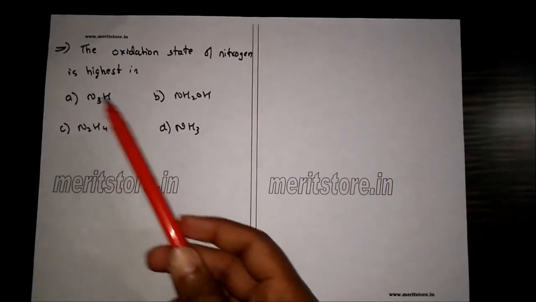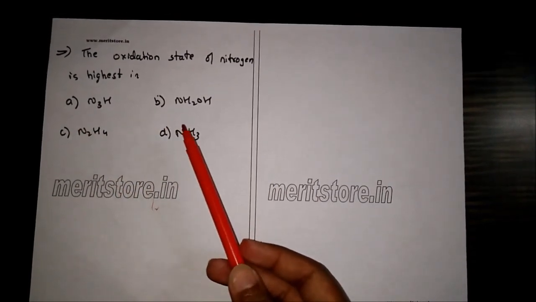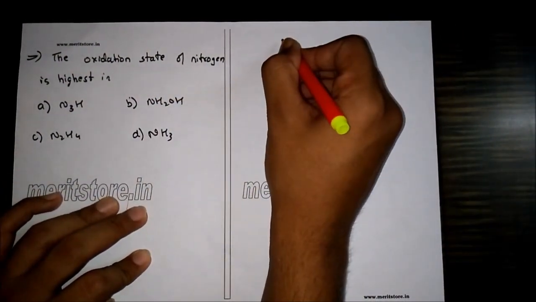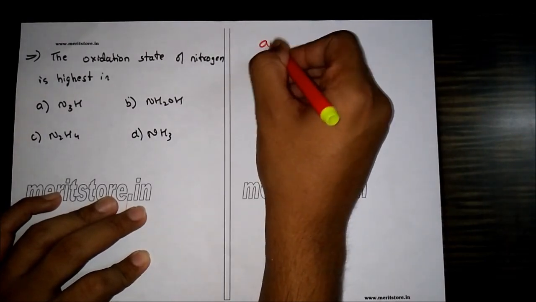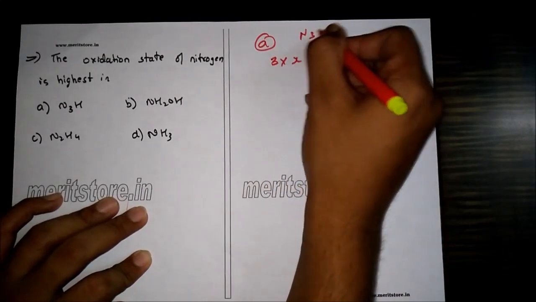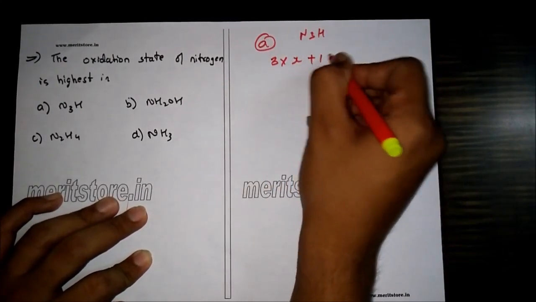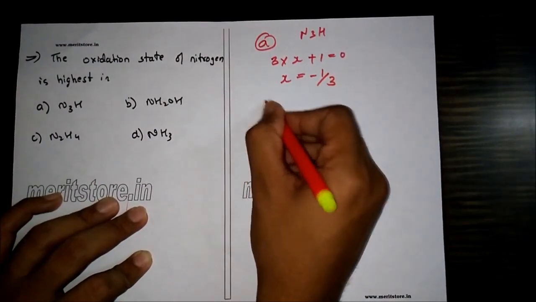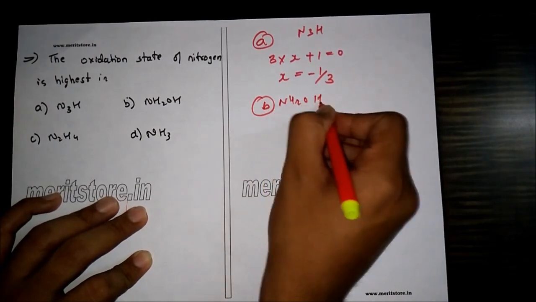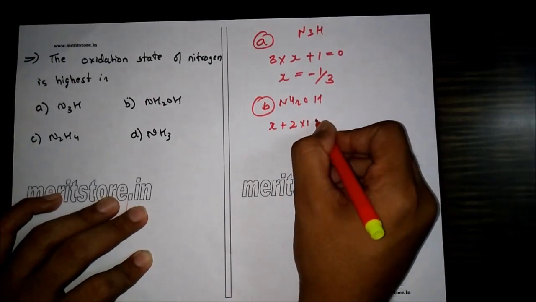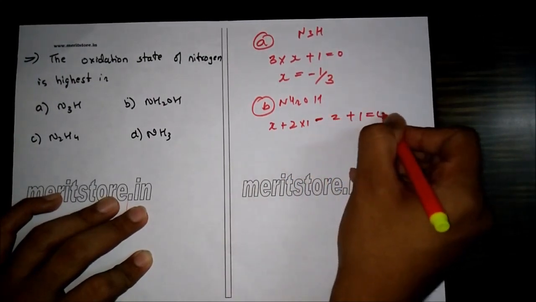The oxidation state of nitrogen is highest in A N3H, B NH2OH, C N2H4, or D NH3. Now let's look at the oxidation state of nitrogen in all the compounds. Let the oxidation state of nitrogen be X. In option A, we get 3 into X and 3H. So 3 into X plus 1 equal to 0. Therefore, X is equal to minus 1 by 3. In option B, NH2OH, X plus 2 into 1 minus 2 plus 1 is equal to 0.